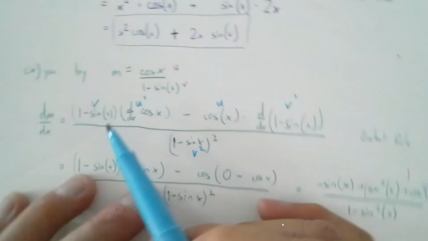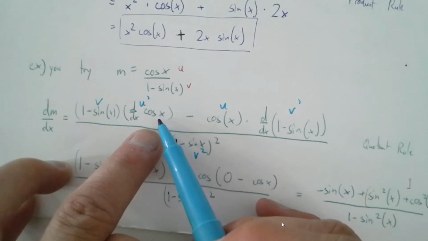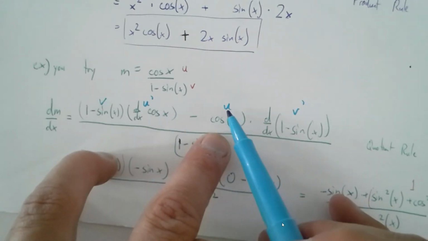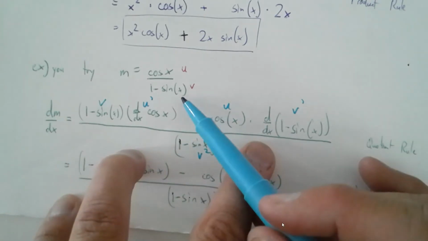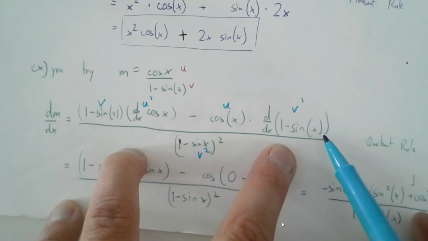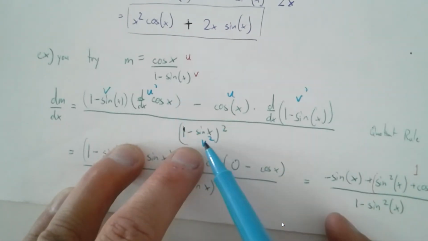So v I left alone, 1 minus sine of x, times the derivative of cosine of x. I wrote it in this notation, minus cosine of x, which is u, times v prime, which is the derivative of 1 minus sine of x. And then I took v, 1 minus sine x, on the bottom, and squared that.